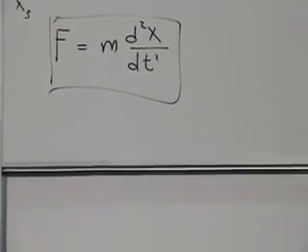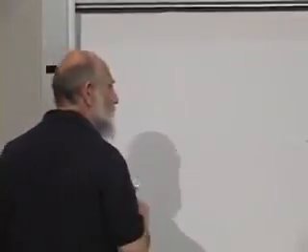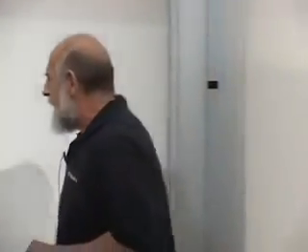So what Galileo studied was the motion of objects in the gravitational field of the Earth in the approximation that the Earth is flat. Now, Galileo knew the Earth wasn't flat, but he studied gravity in the approximation where you never moved very far from the surface of the Earth. And if you don't move very far from the surface of the Earth, you might as well take the surface of the Earth to be flat.